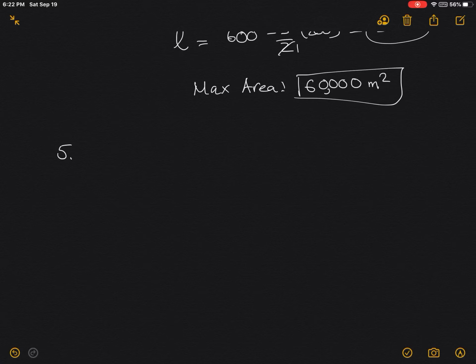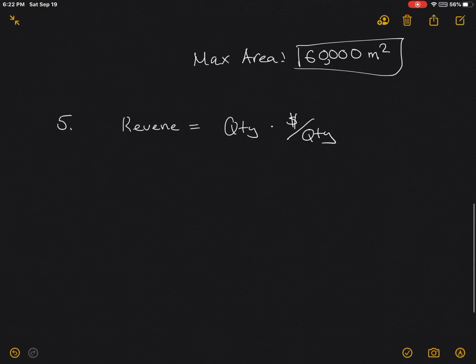So if I ask you, what is revenue? Revenue is simply the quantity times the price per quantity. So how much a store sells times the price for that particular quantity.